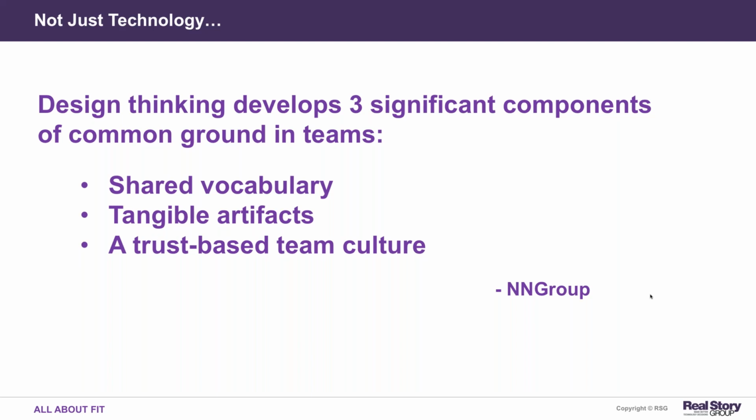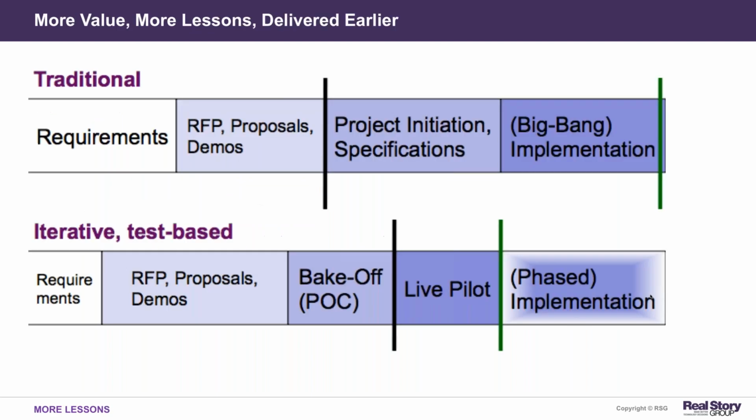A shared vocabulary in those use case scenarios where everyone's moving in the right direction. Tangible artifacts in those custom demos and custom proof of concepts, and a trust-based team culture because you had lots of stakeholders involved and everyone understanding how this is going to help the organization as a whole, not just a sliver of that organization.